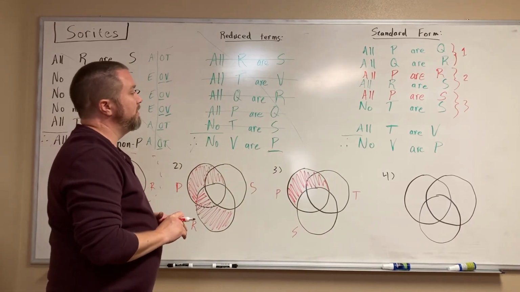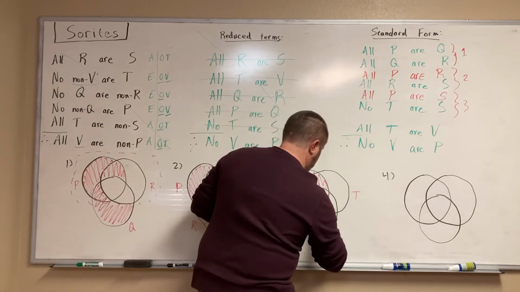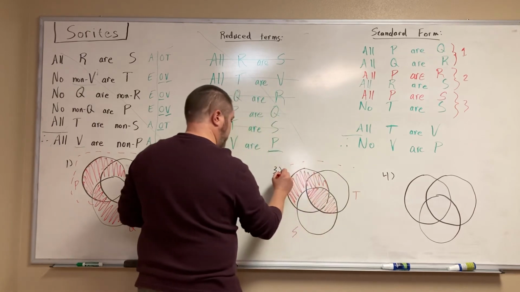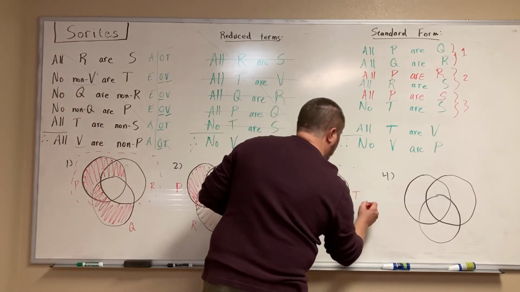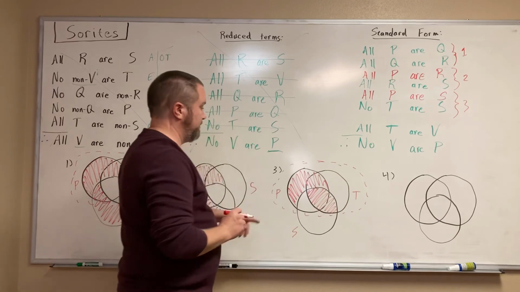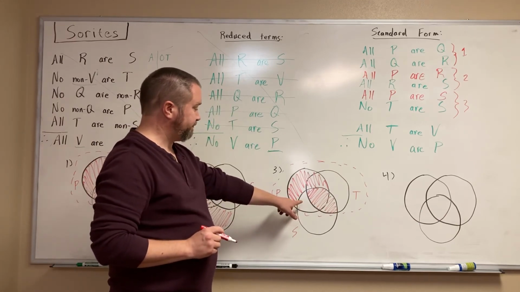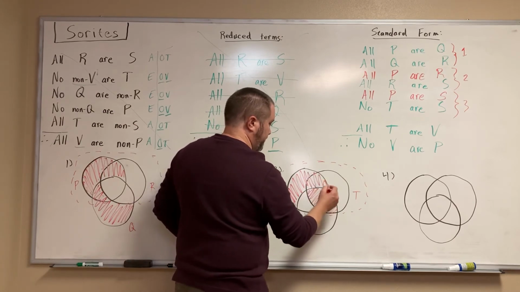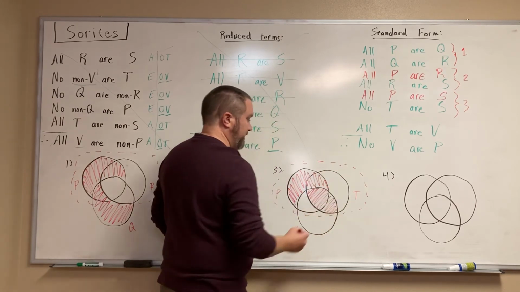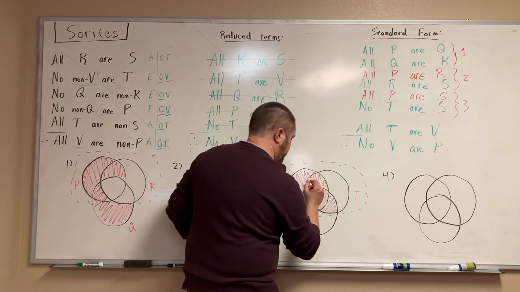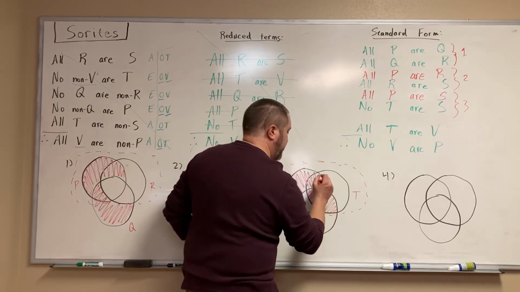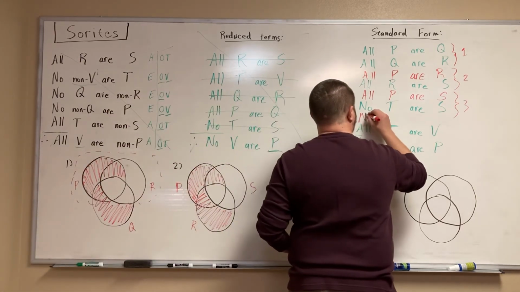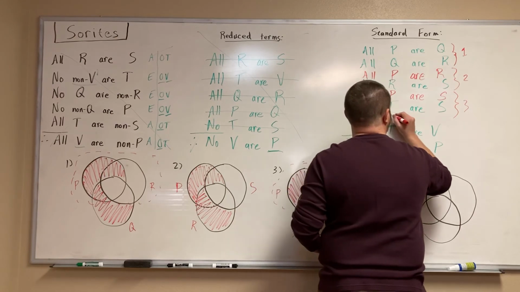No T are S. Shade out the football between T and S. Again, we're looking at the top two circles. And either this crescent is shaded out, this football is shaded out, or this crescent is shaded out. We do have one of those. The football in the middle is completely shaded out. So from that, we can deduce that no P are T.